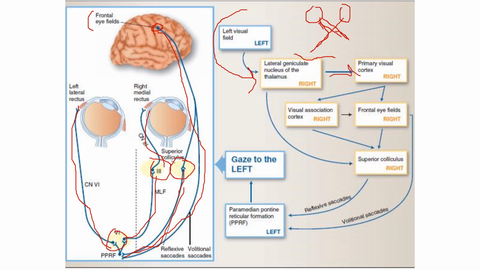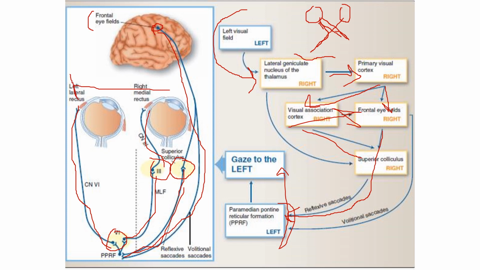We have our primary visual cortex. On the right, we see visual association cortex, frontal eye fields. Okay. And then we see superior colliculus getting involved, and then our reflexive saccades, PPRF, and then gaze to the left. So it's basically what's happening right here. Okay. Superior, where are we at? Frontal eye fields, volitional saccades. Okay.